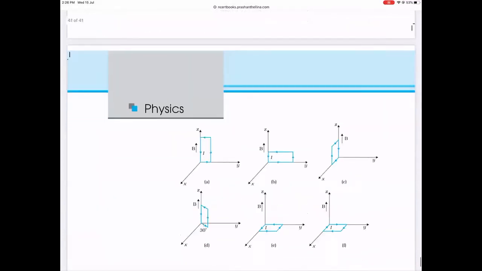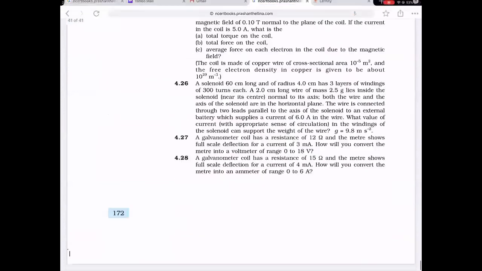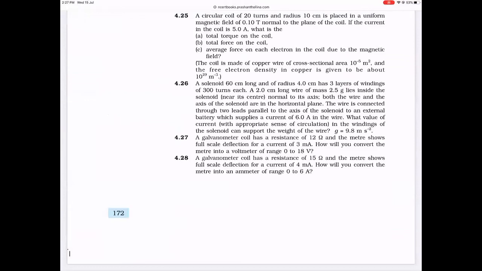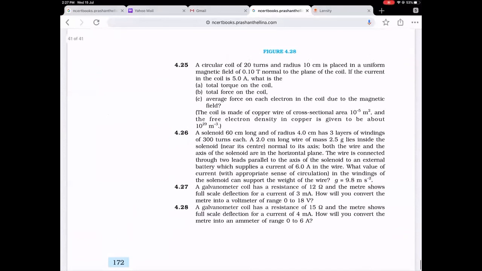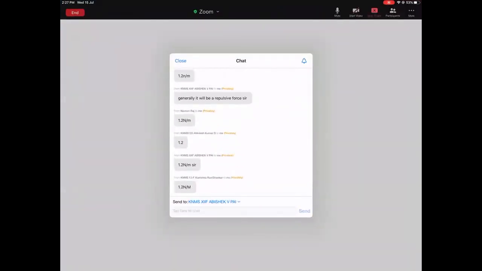So 22, 23 are easy. Draw the diagram. Once you draw the diagram, then things will become easy. Yeah, please work it out. Please work out the next question. 22, 23 are easy. I'm seeing 27, 28 are also very easy. So after this, please finish 27, 28.